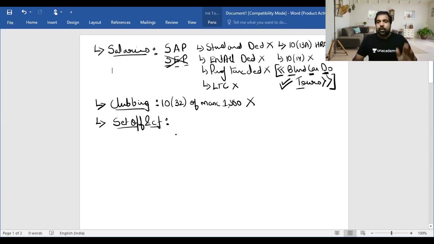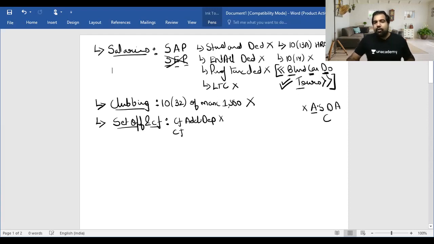In PGBP, whatever you saw, additional scientist developed awesome covaxin, in relation to these, the expense is also not allowed. And in relation to these, if there is any set off and carry forward, even that will not be allowed. Like additional depreciation, if there is any carry forward because of additional depreciation, that will not be allowed.